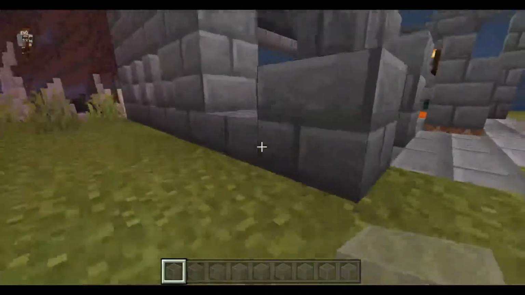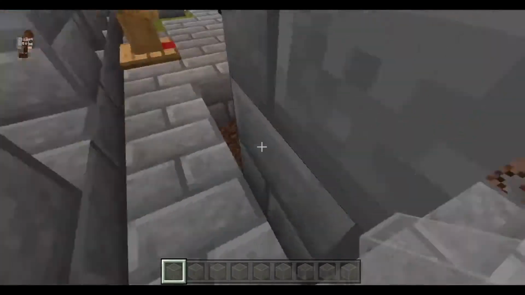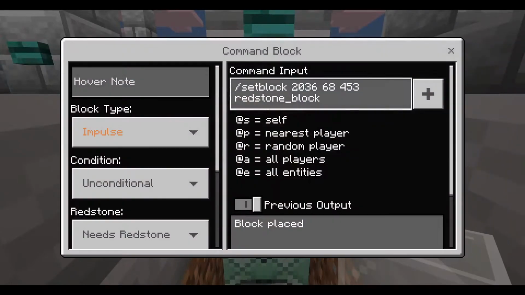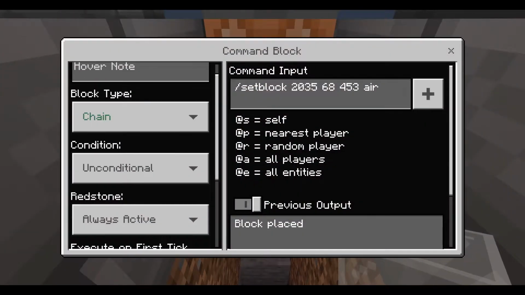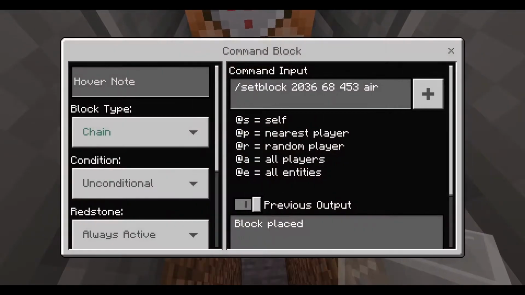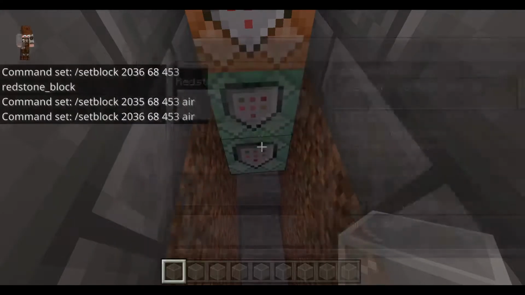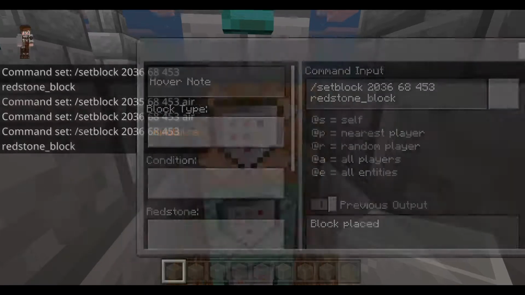And then the other thing that this does is we didn't want it going forever because it was kind of loud. So we started the process, and this started the music, and then after a little bit, I think that's like 30 seconds, then we stopped the process by doing the same command, but instead of a redstone block, we just filled it with air.